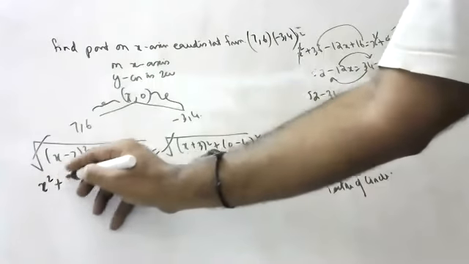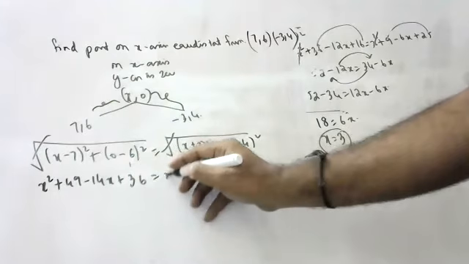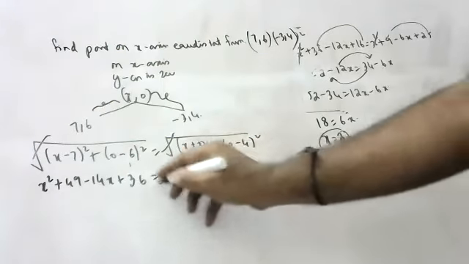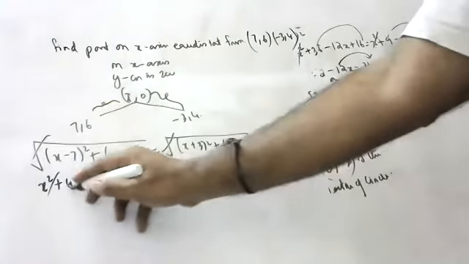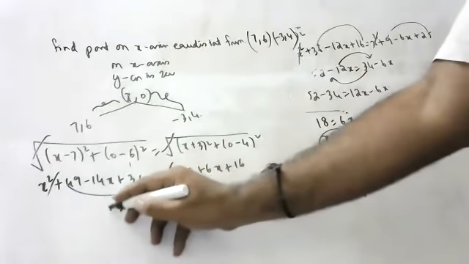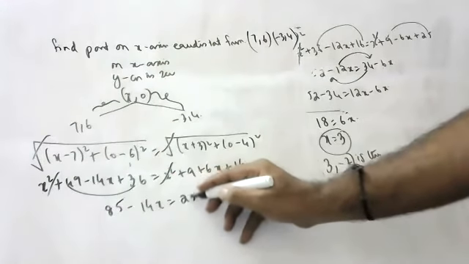x square plus 49 minus 14x plus 36 is equal to x square plus 9 plus 6x plus 16. Okay. 49 plus 36 is how much? 85 minus 14x is equal to 25 plus 6x.